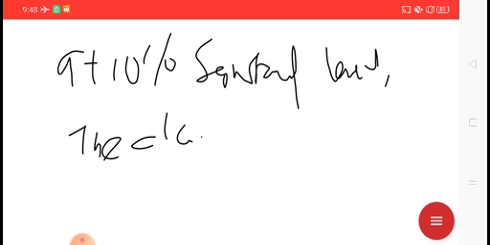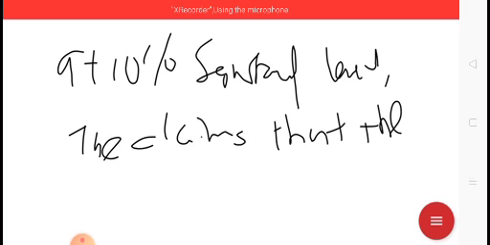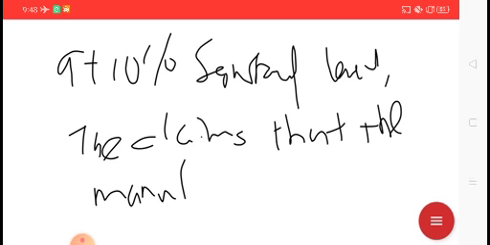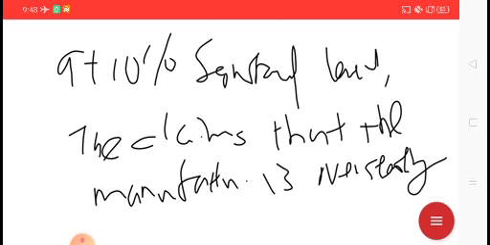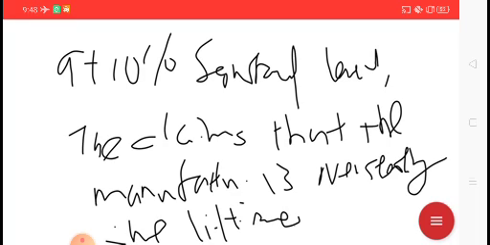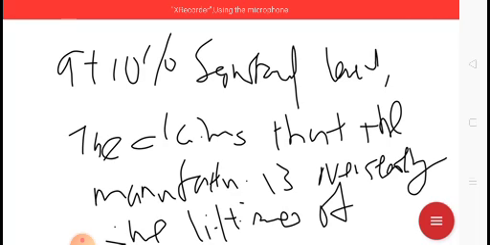The claim that the manufacturer is overstating the lifetime of light bulbs produced by the firm is supported.